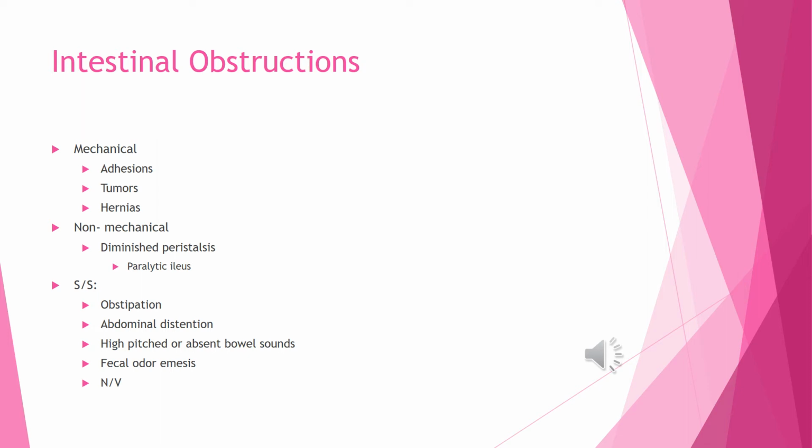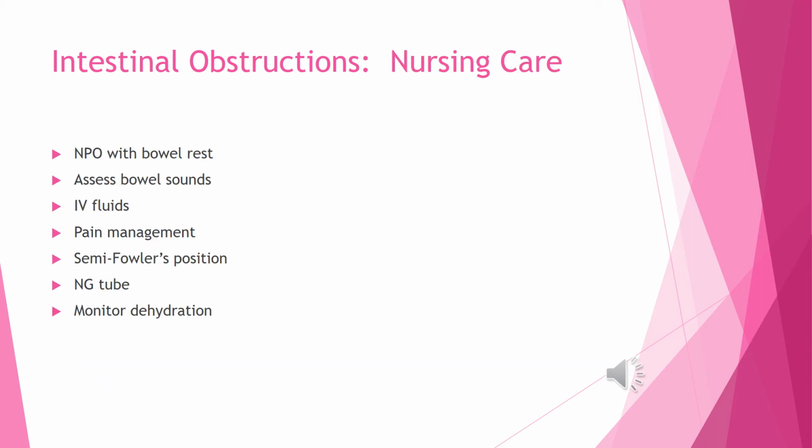And the fecal odor of an emesis, that's telling you things are not moving on through, and you have an obstruction going on. And of course, nausea and vomiting, because the whole thing of being obstructed is going to make people feel pretty unpleasant.